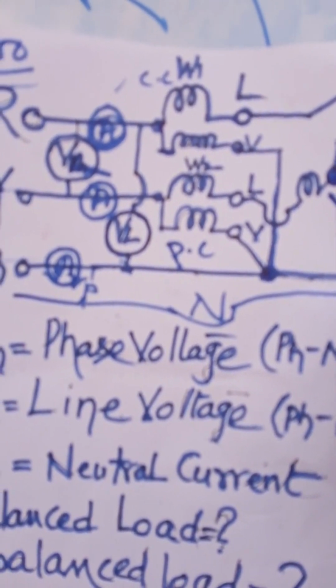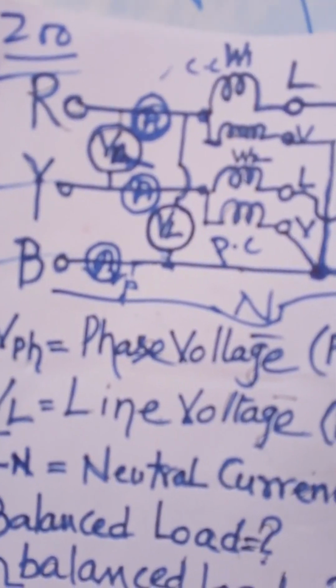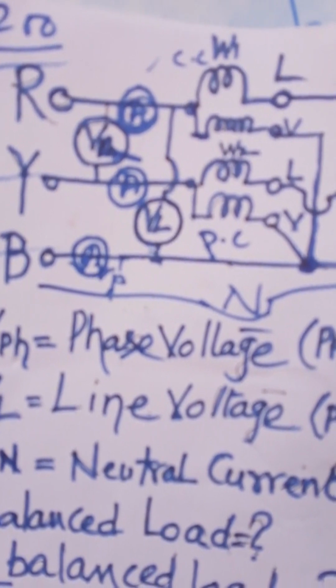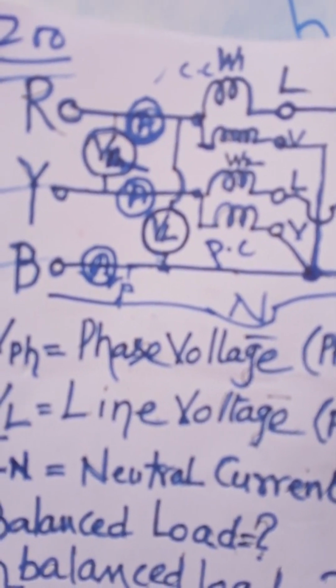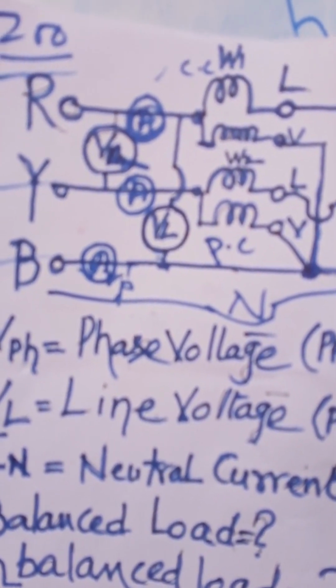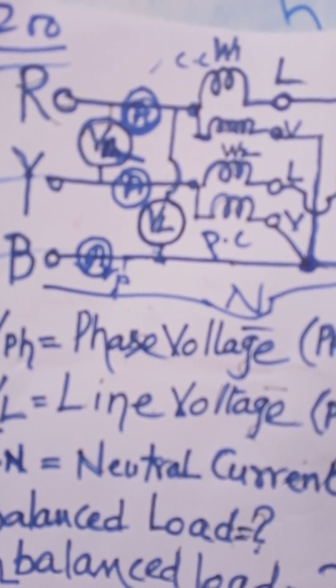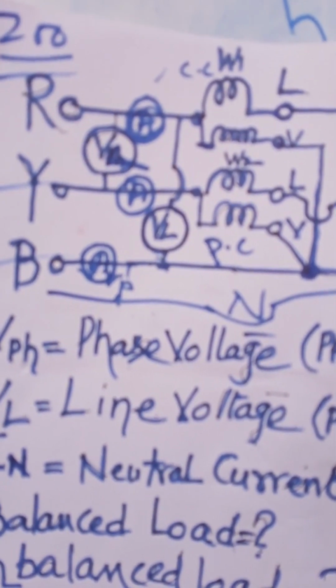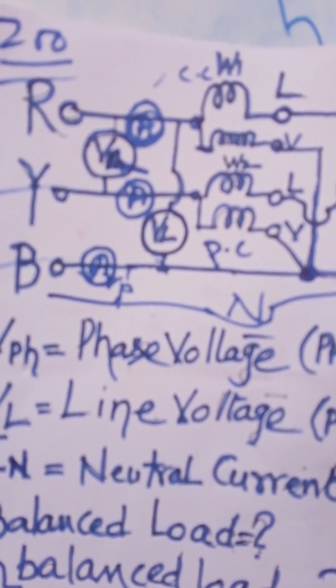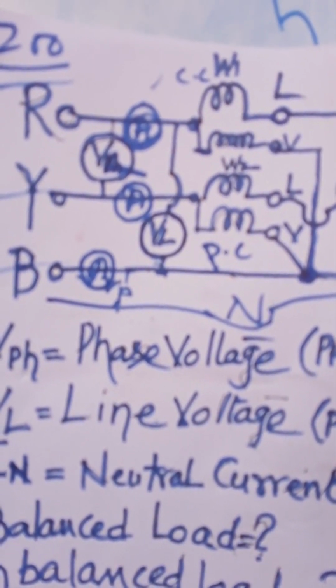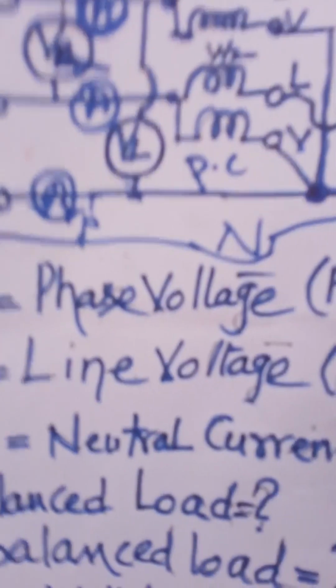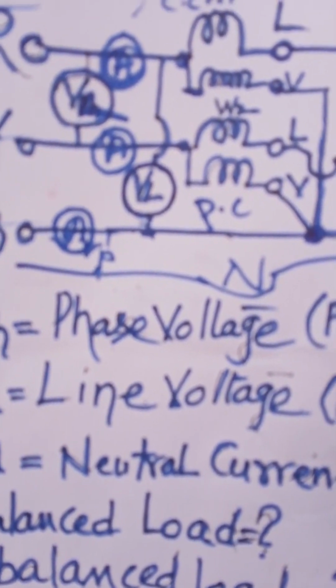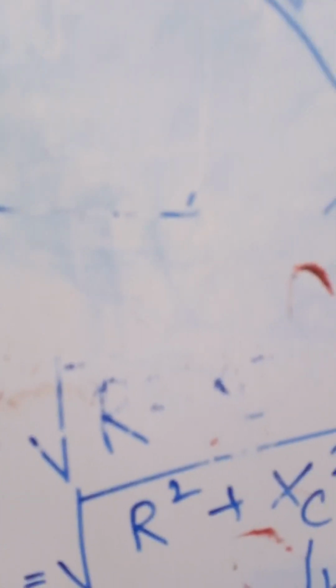For VL, you measure with the multimeter by connecting the two leads across R and Y, or R and B, or B and Y. You have to measure 3 times.